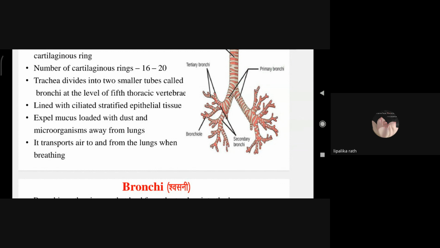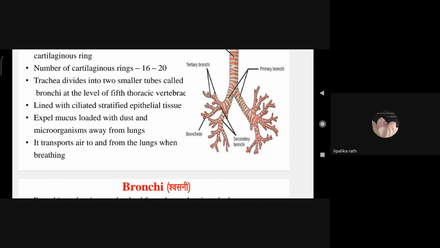It is dividing at the fifth thoracic vertebra, and this trachea and bronchi are lined with ciliated stratified epithelial tissue.